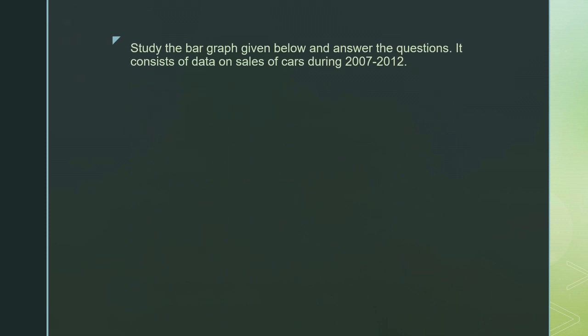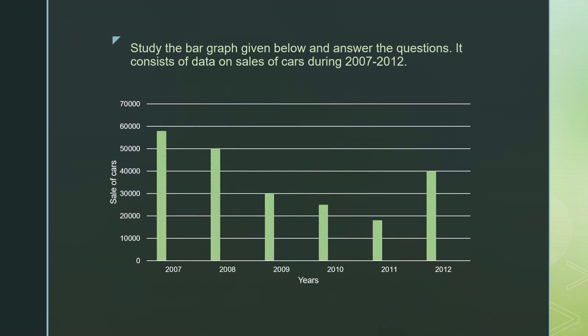Here we study one bar graph given below and answer the following questions. It consists of data on sales of cars during 2007 to 2012. This is the nature of a bar graph, the bar chart.